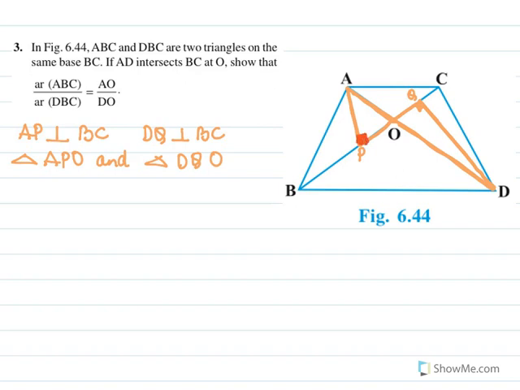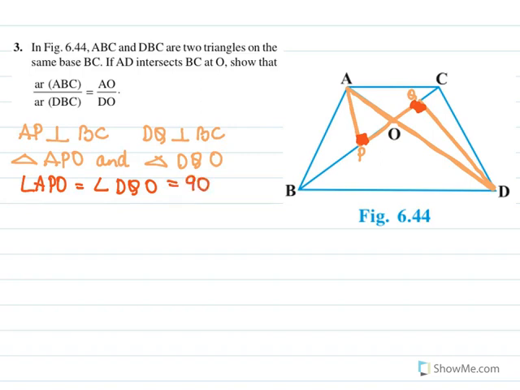This is 90 and this is also 90. So we've got one angle equal. So we'll write angle APO equal to angle DQO. Let me mark that again. This is angle APO equal to angle DQO because each of them is 90. So this is 90. One angle done.